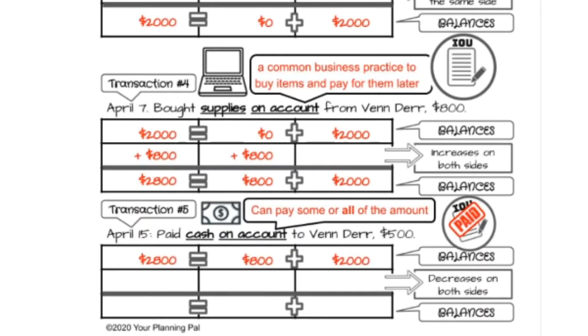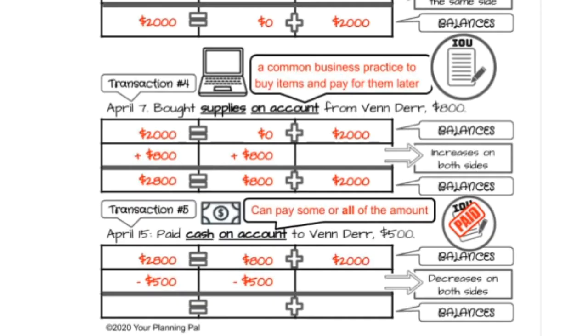So we bring our balances down from the previous transaction, and then we're paying cash. So cash is an asset. We decrease our asset by $500. So we've got minus 500 on the asset side. And then our bill, our liability went up to $800 when we charged that. And now we're paying some of it off. So our bill, our liability is decreasing.